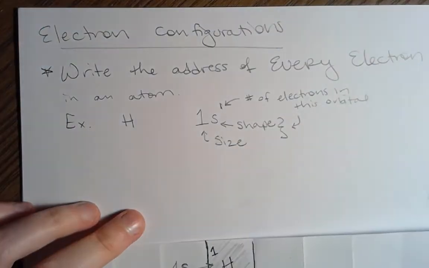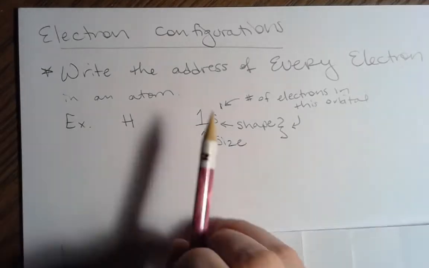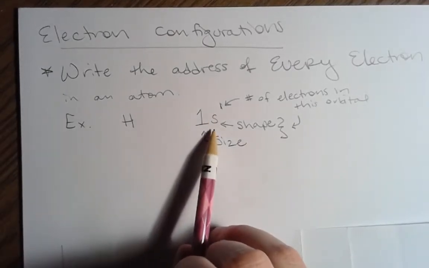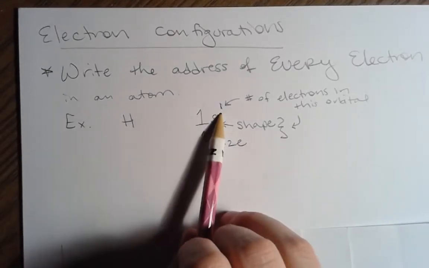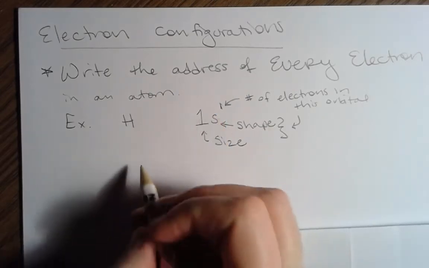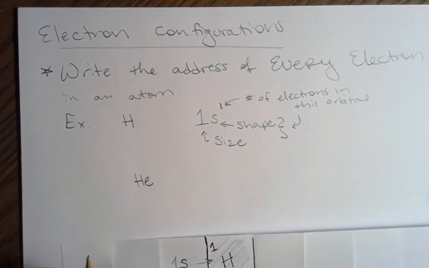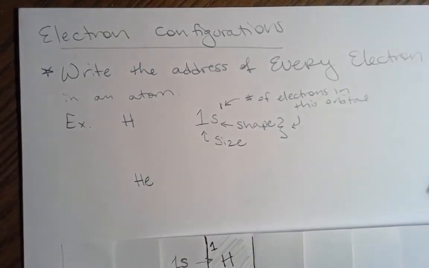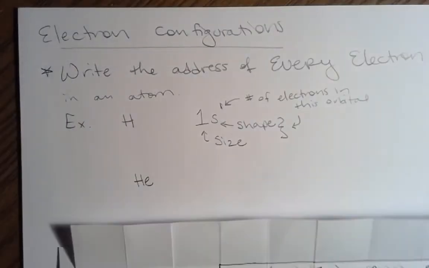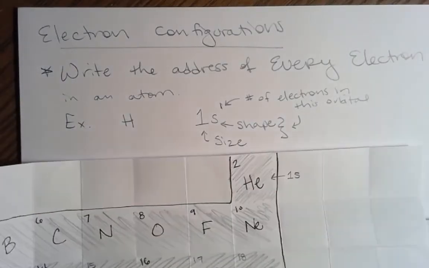So this is saying that in hydrogen's 1s, there's one electron. Let's do helium also. Helium is element number 2. Helium has 2 electrons. Helium is still located in the 1s orbital.